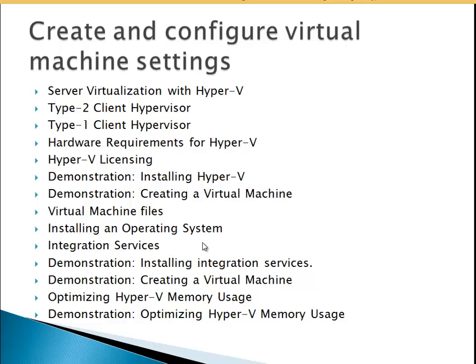Then we talked about virtual machine files, installing the operating system, and the integration services. We didn't need to install integration services. And we covered creating a virtual machine, optimizing Hyper-V memory usage, and a demonstration of how to optimize Hyper-V memory usage.